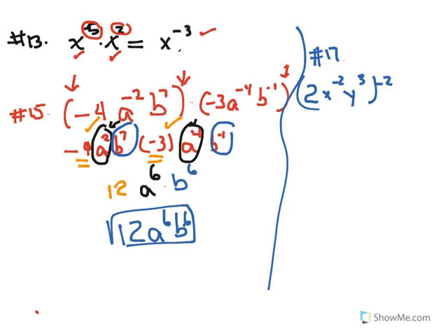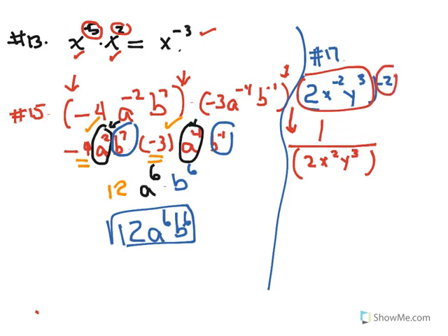I can use the definition of negative exponents. I can say, okay, this whole thing is the base, and then set to the second. Remember you need to change the sign. If you're moving into the denominator, you're changing the sign.